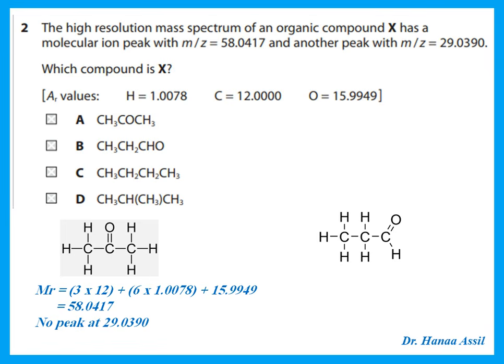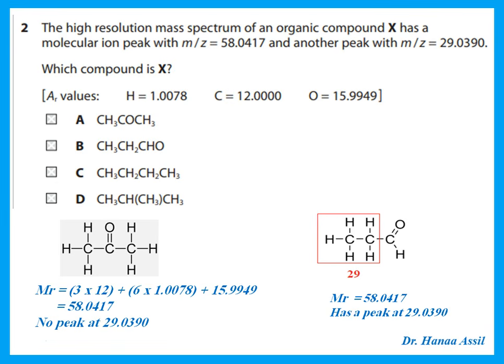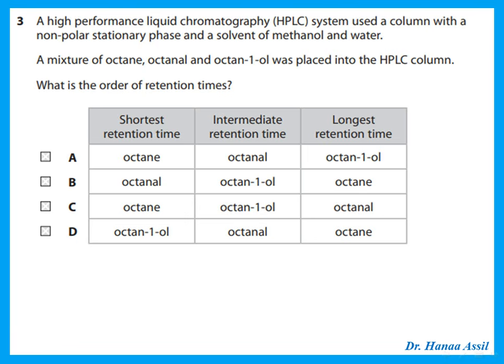This one is propanal, it does have a part that would give m/z 29.0390, and the Mr is the 58 point, what he's asking for. So this is actually our answer. The others, their Mr are not 58, so they will not have a peak at 58 point some.